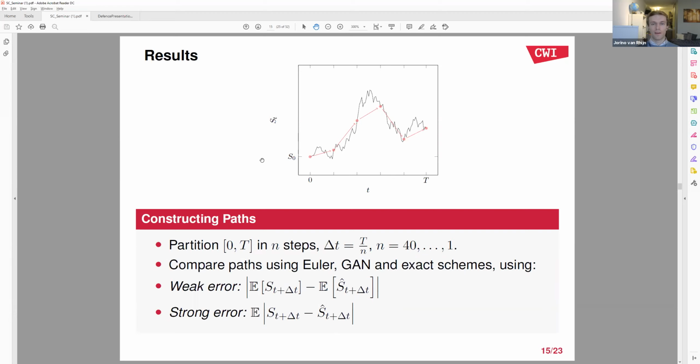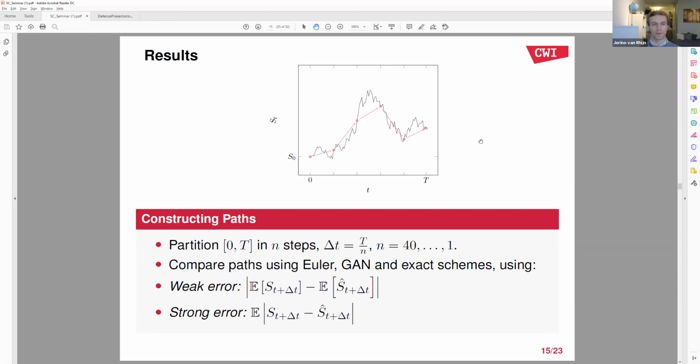So say that we start at a value S0, then we plug that into our conditional GAN, and then we repeat that process. So you see that here in the schematic that I've drawn. So every time we repeat the GAN on its previous output, and that way we construct a discrete version of a path. And the black line would then be some exact solution, some strong solution to the SDE.